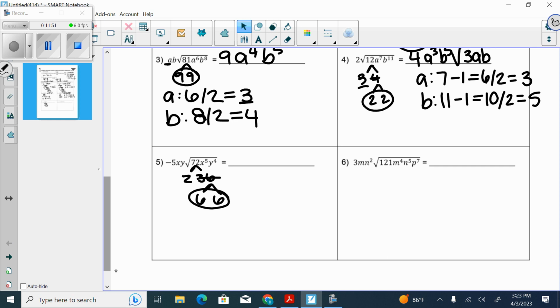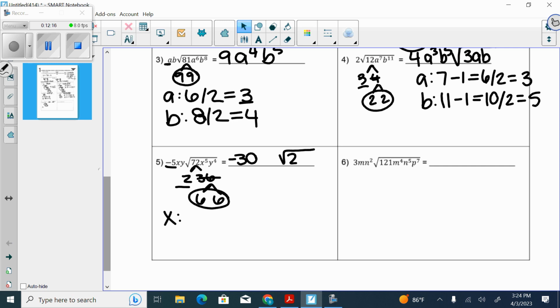Was there anything already out there that we're going to have to multiply it by? So what are we going to get on the outside? Was already out there, so what are we going to get when we put them together? 30, very good. Alright, any number left over? A 2. Put a little space in there. A 2.